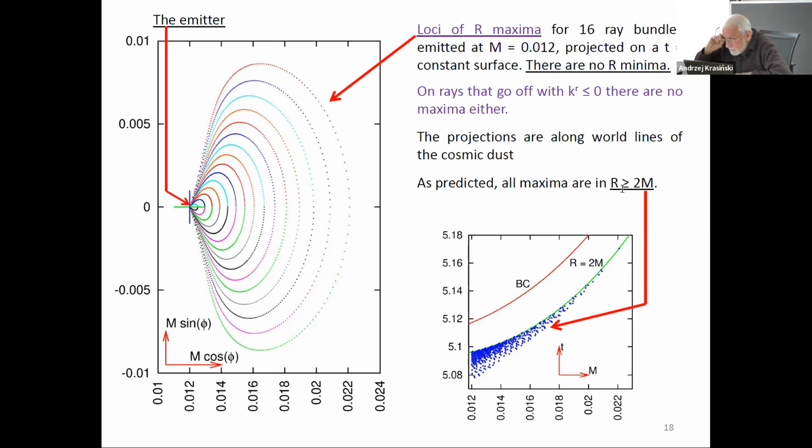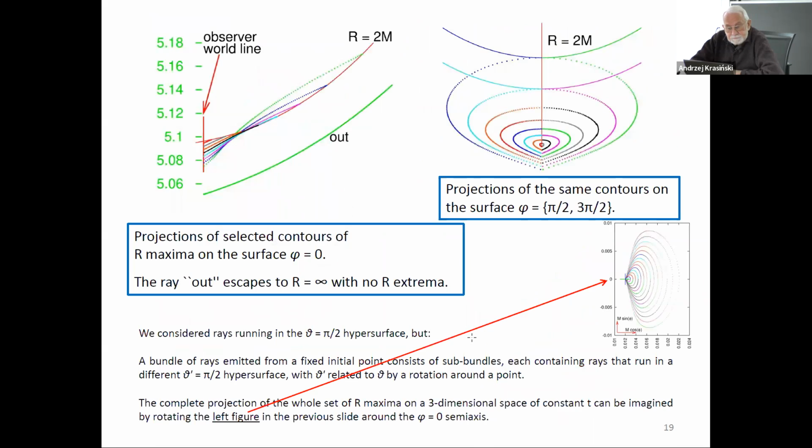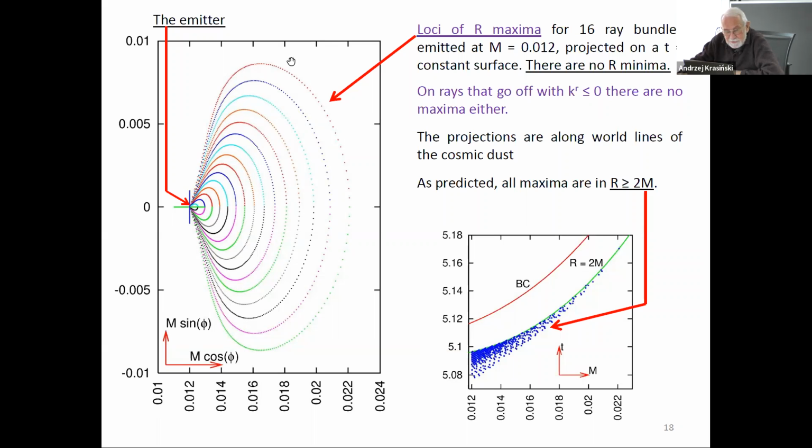Sorry? What is in the second picture? It's the M-T diagram. This is the M coordinate horizontally. This is the time coordinate. So it's a projection in the direction orthogonal to the left picture. Okay, and these are the projections of this, because this is a kind of contour map of a surface in a three-dimensional space.